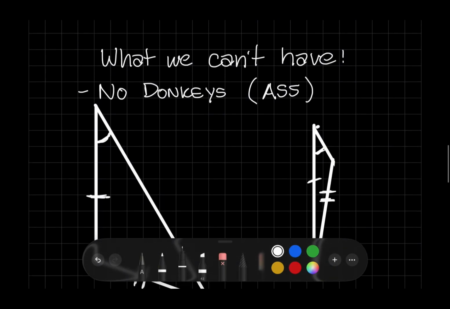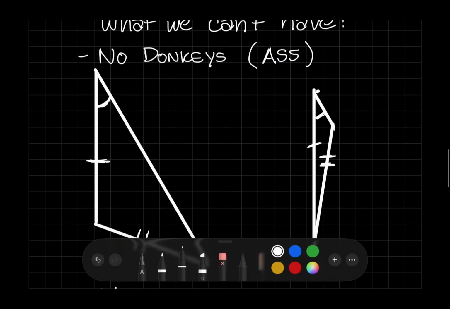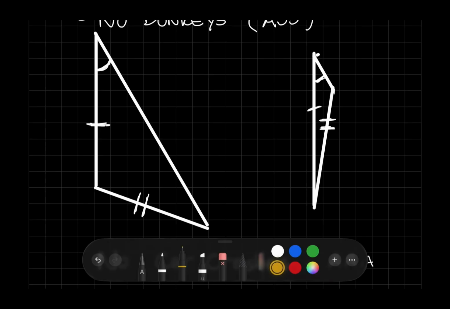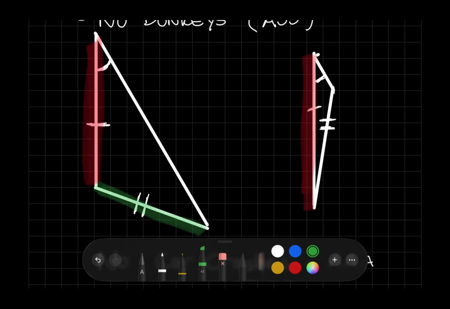All right. Now, I want to show us what we can't have. Remember, we cannot have angle, side, side. Here's an example where my angles and my sides line up. So here is my angle that is congruent with this angle, and I measured. My side here is congruent with this side. And my side here is congruent with this side.